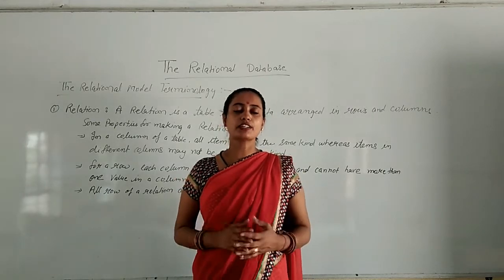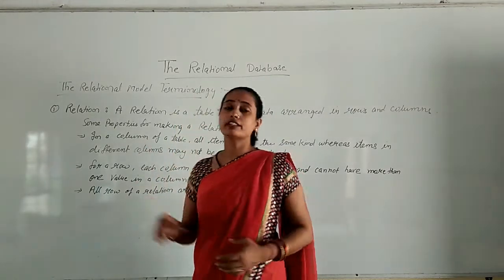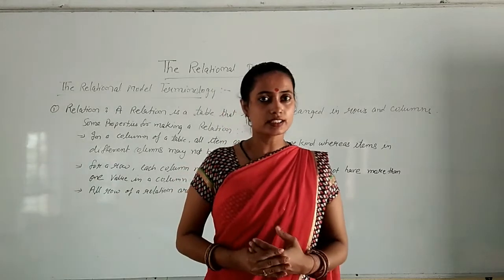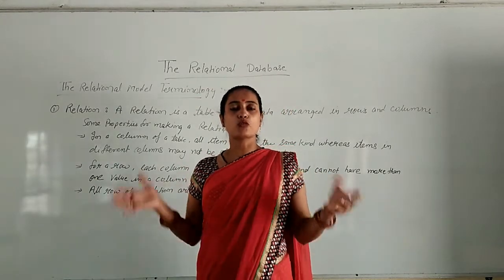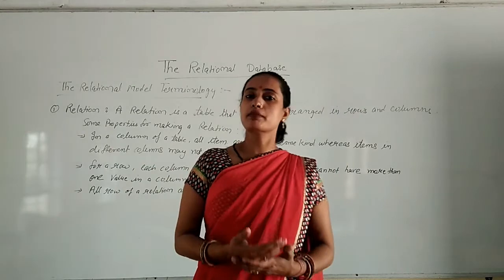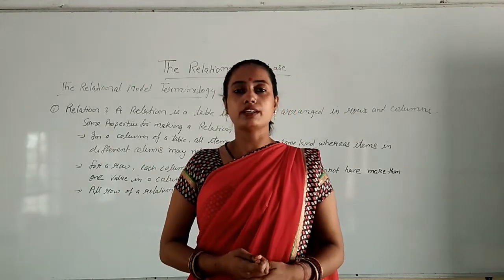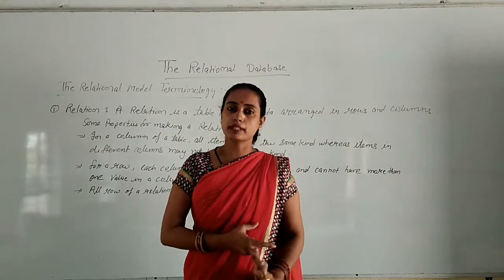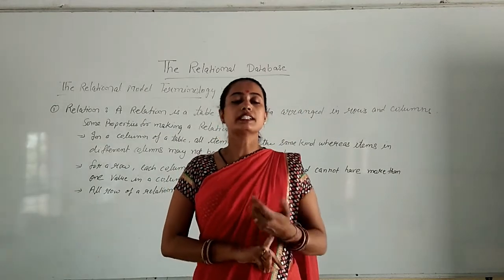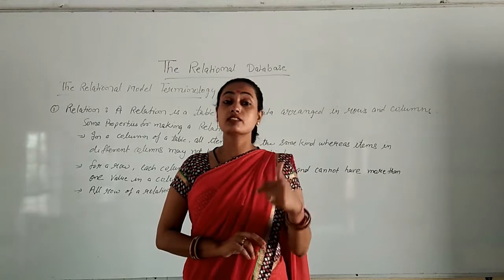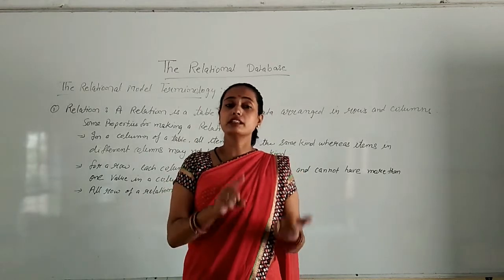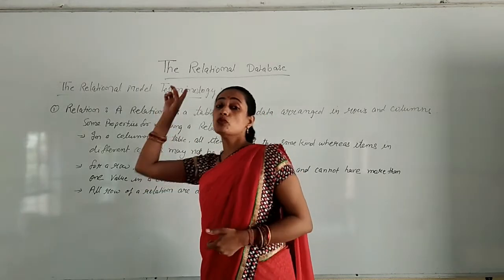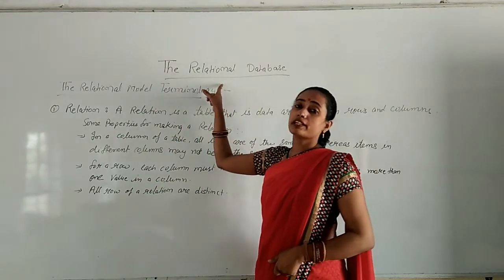So we are starting today the relational database. In our last class, we already discussed what a database is and what a database management system is. And in a database, I told you we have two types: structured and unstructured. In structured, I am comparing the structured database to the relational database.